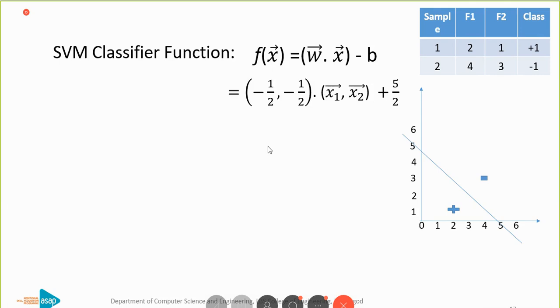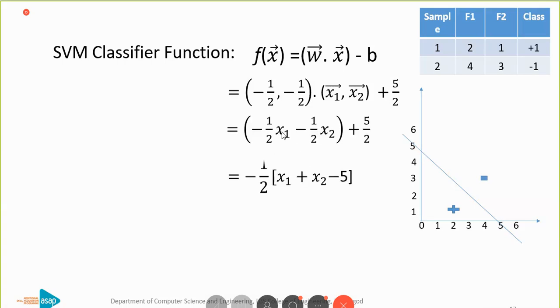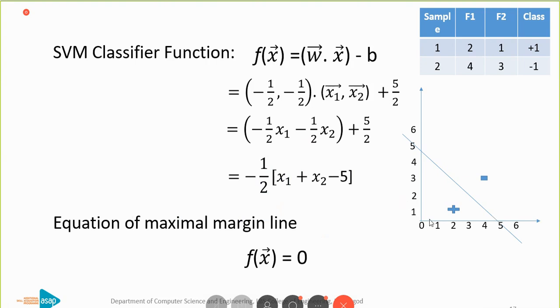So it will be minus 1 by 2 into x1 plus x2 minus 5. You can rewrite that as the equation of the margin, the line. When I rewrite that and set it equal to 0, you will be getting the equation x1 plus x2 is equal to 5.